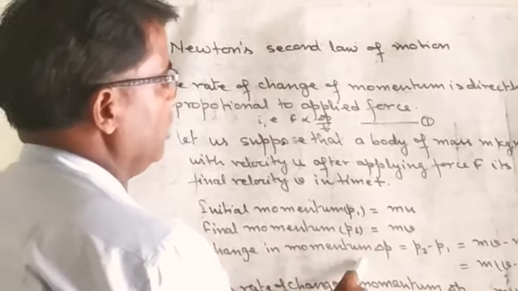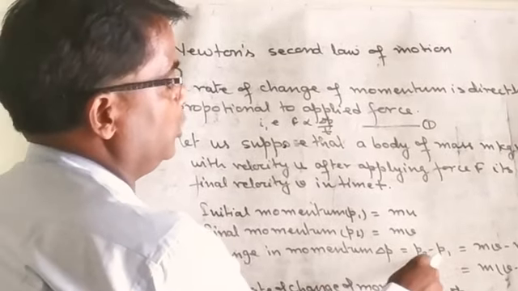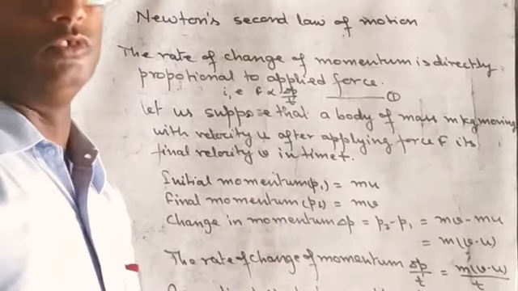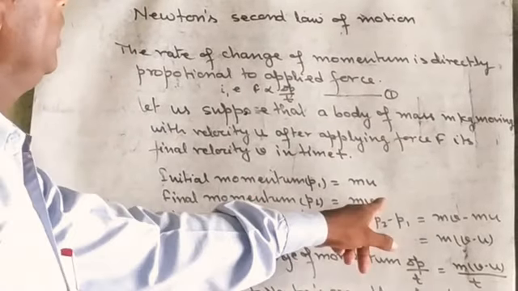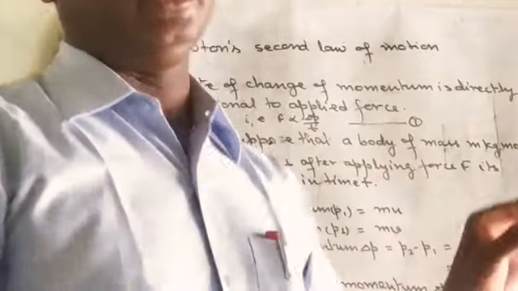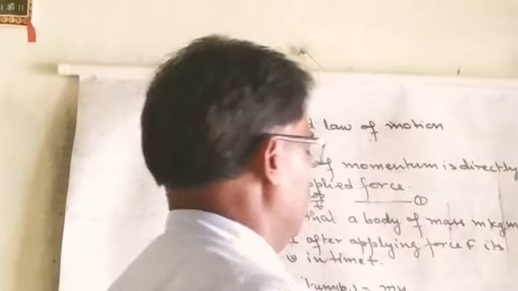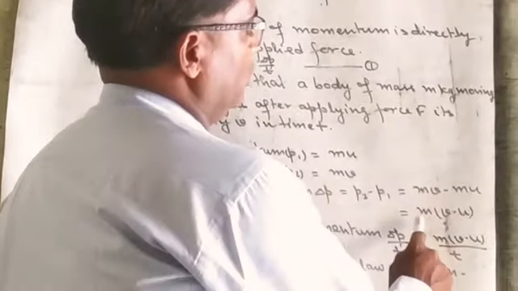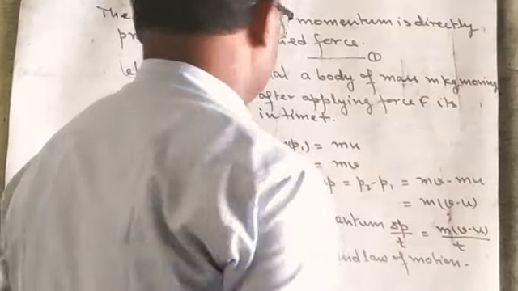Change in momentum delta P is equal to P2 minus P1. All of you may be thinking, sir, why have you not written P1 minus P2? Actually, the value of v is always greater than u. The final velocity is always greater than the initial velocity. That's why P2 minus P1 is written, and its value is mv minus mu, that is m into bracket v minus u.